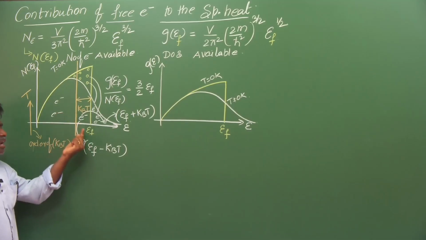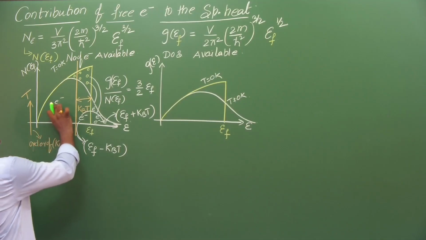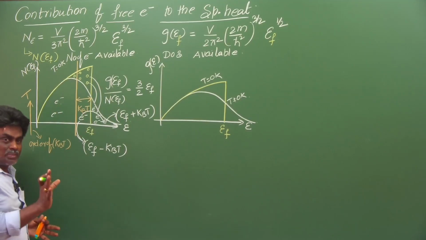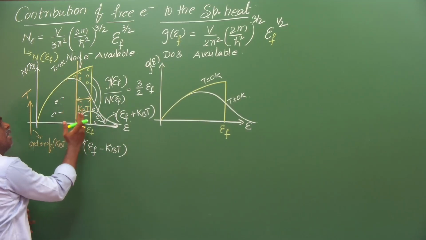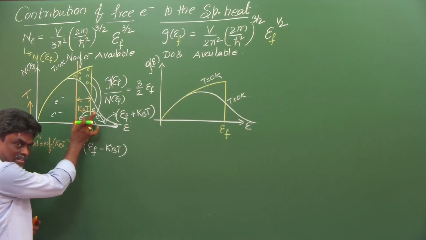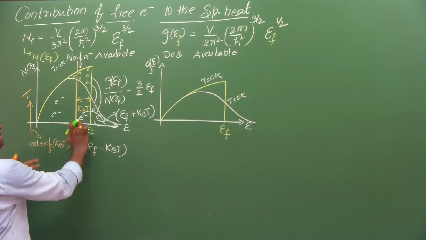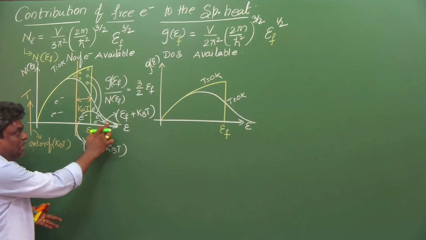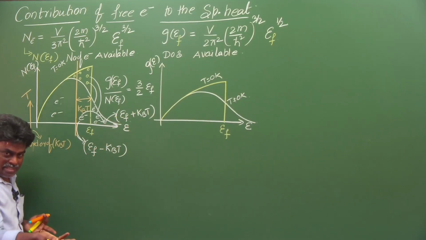For such an electron to go to a higher level, it needs more energy. So the electrons which are very close to the Fermi level, within the order of kBT, will gain the thermal energy and will be excited to some other state. So the energy becomes EF minus kBT to EF plus kBT.